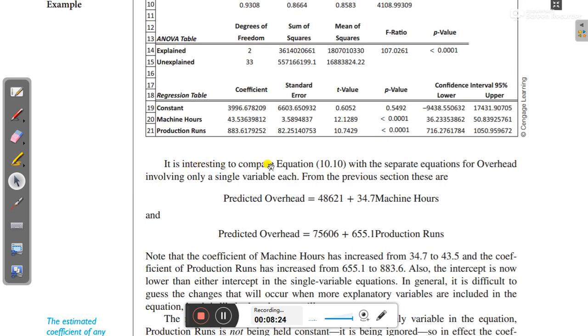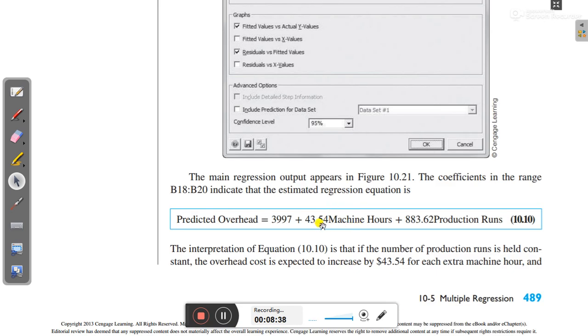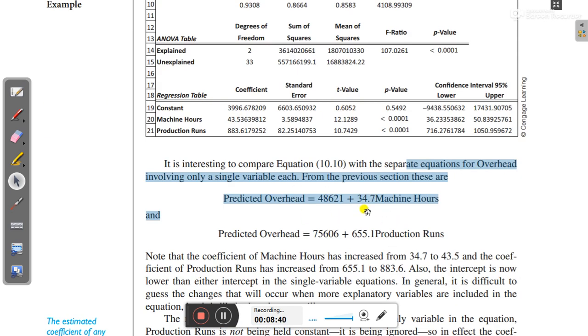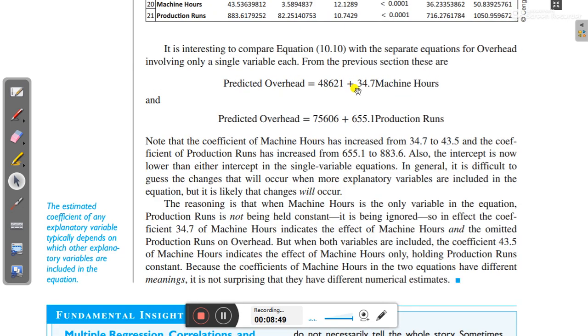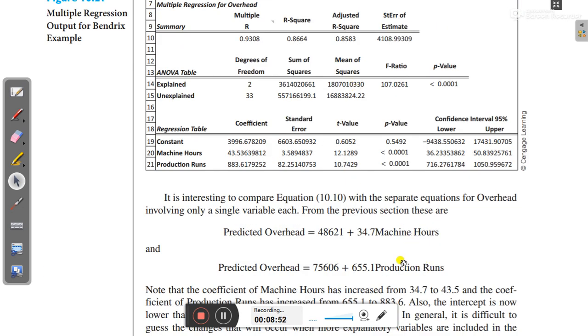It is interesting to compare equation 10.10 with separate equations for overhead involving a single variable each. From the previous section, these are like this. So you can separate these two equations, using the previous section's knowledge, where predicted overhead is 4861 plus 34.7 machine hours, or predicted overhead equals 75606 plus 655.1 production runs.